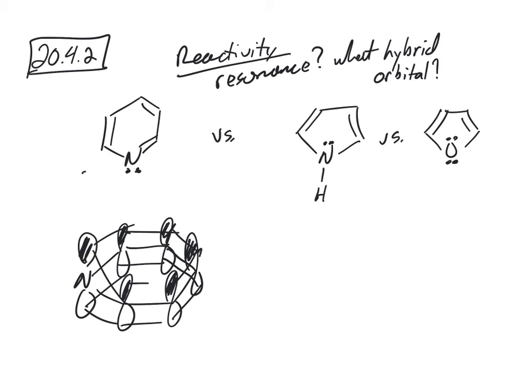If this nitrogen is sp2 hybridized, this lone pair is over here in an sp2 hybrid orbital. Is that lone pair able to do resonance with this? No. To do resonance, you have to be lined up in that p orbital system. It's not lined up.